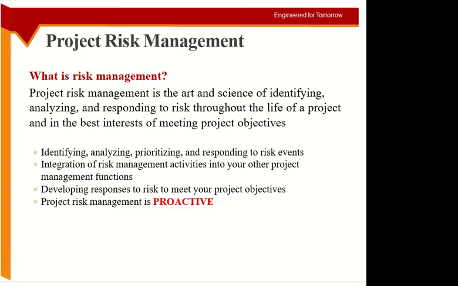So these are the three main items in this risk management activity. And you will try to do it to best meet the interest of the project. For example, take the example of equipment malfunction.